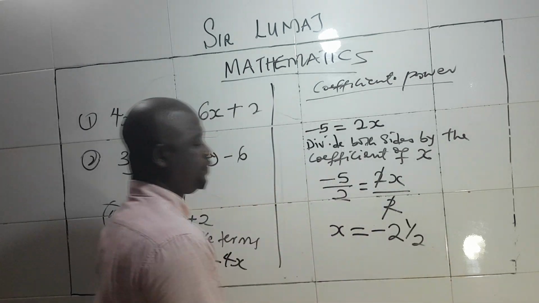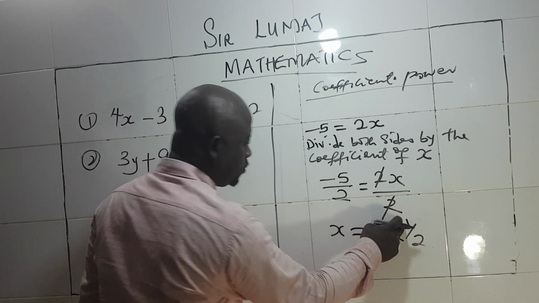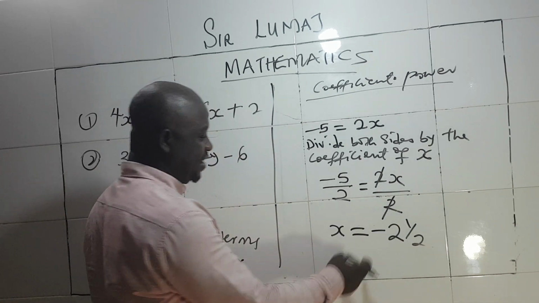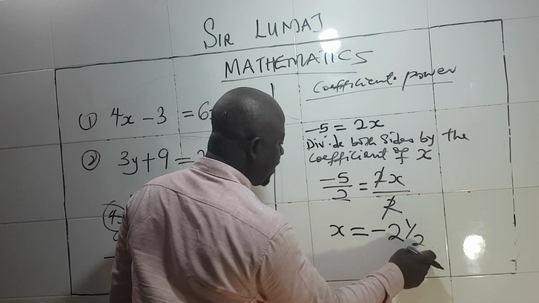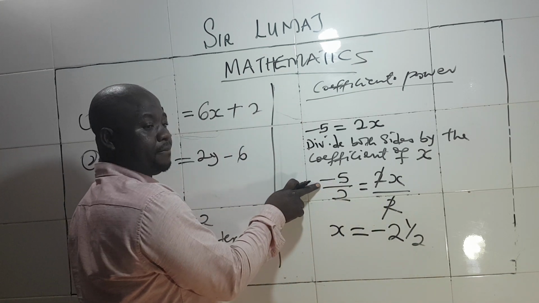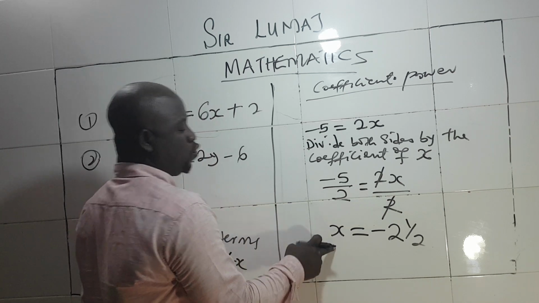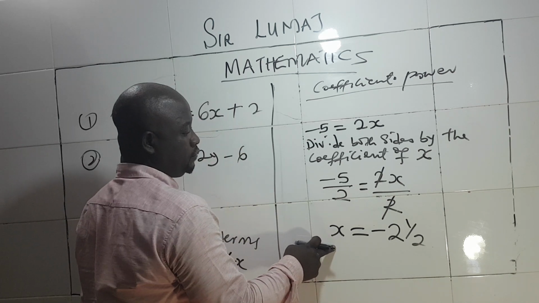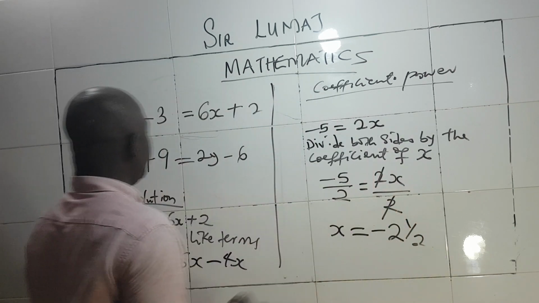Half. 2 will go here 2 times. Remaining 1. So that's 1 over 2. So by the time you check, 2 times 1, 2 times 2, 4. 4 plus 1, 5. That's 5 over 2. If you want to recheck. So the coefficient of x here is what? 1. And that's what we're looking for. So we have x is equal to what? Minus 2 and a half.